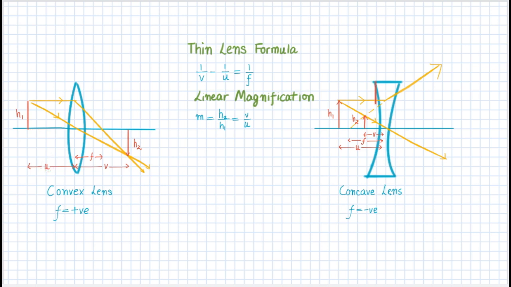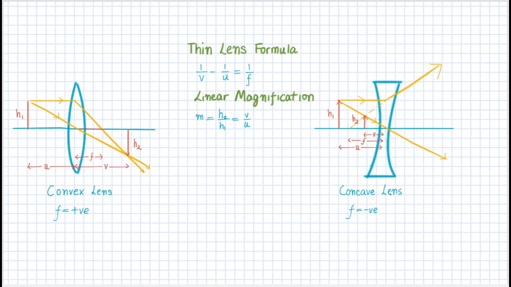Similarly, for a concave lens, if this is your object, then the distance from the center of the lens is known as your object distance, denoted by small u. So 1 by v minus 1 by u equals 1 upon f, where f is the focal length.